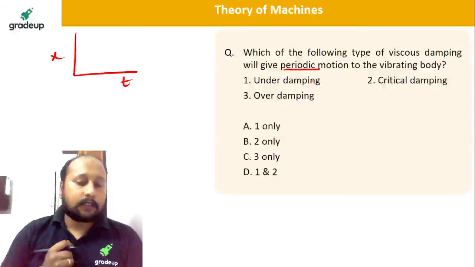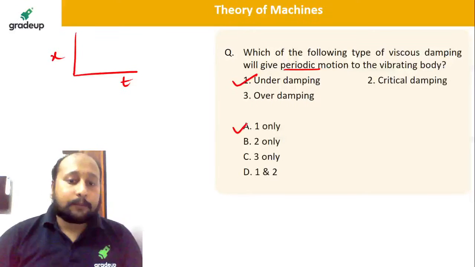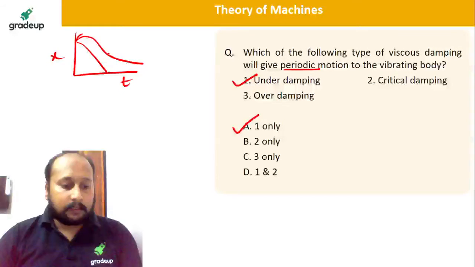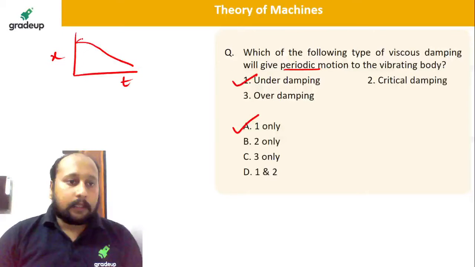Absolutely correct. Very good. It's only the underdamping. Option A. Only option A, because if you remember the graph, this is for overdamped.